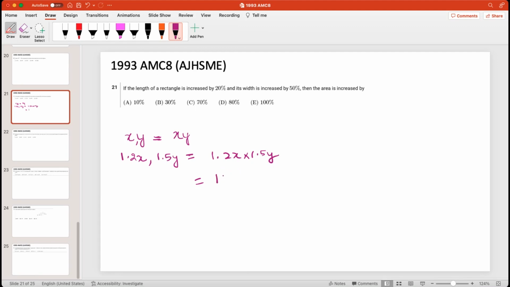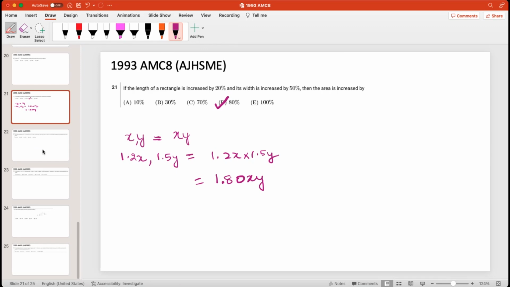It's multiplications. It's going to become 1.8xy. So from 1 to 1.8, which is an increase of 80%, right? So this is your answer.